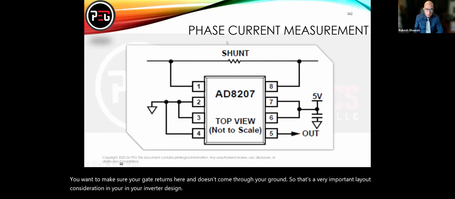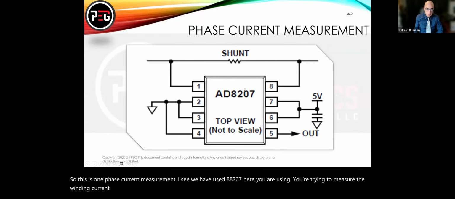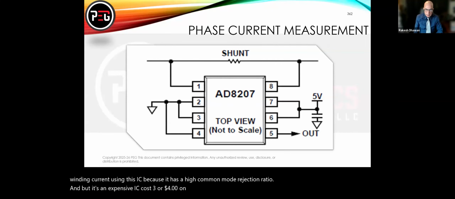So this is one phase current measurement IC. We have used the AMC1302 here. You're trying to measure the winding current using this IC because it has a high common mode rejection ratio. But it's an expensive IC, costing $3 or $4, not a very cheap solution compared to the low side resistors you can use.